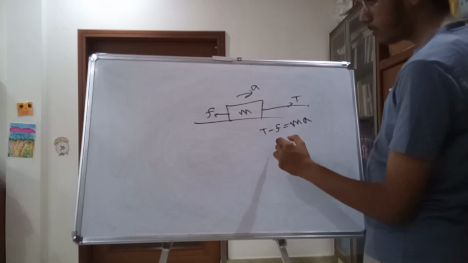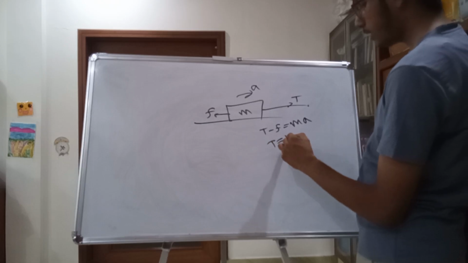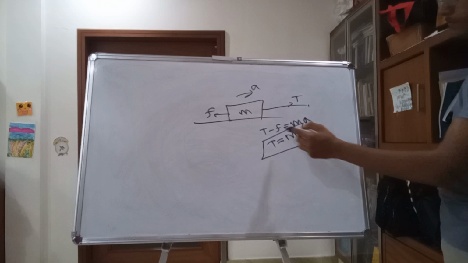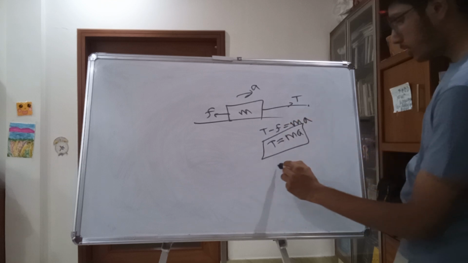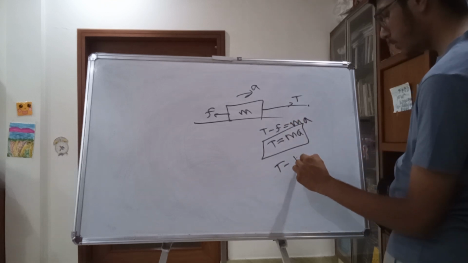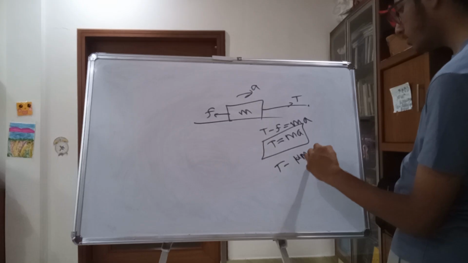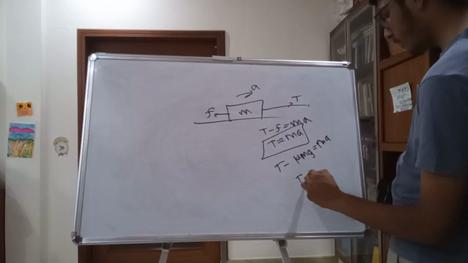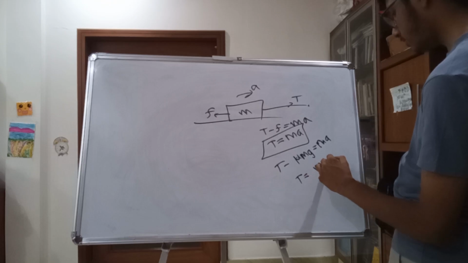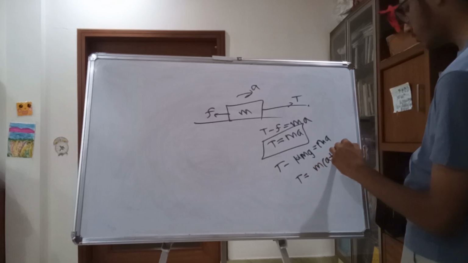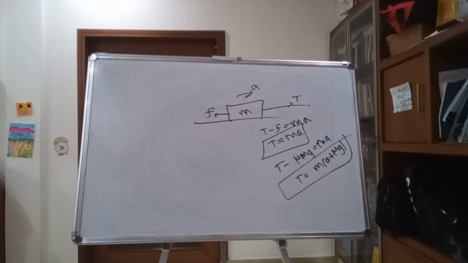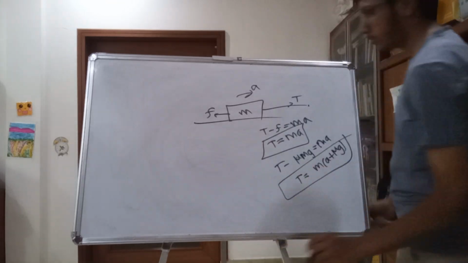If friction is 0, then tension will be directly equal to mass into acceleration. So this thing you need to know. If not, we can write T minus mu mg equal to ma, then tension will be equal to m times a plus mu g. Fine. Tension will be equal to m times a plus mu g. So these two cases you need to know.